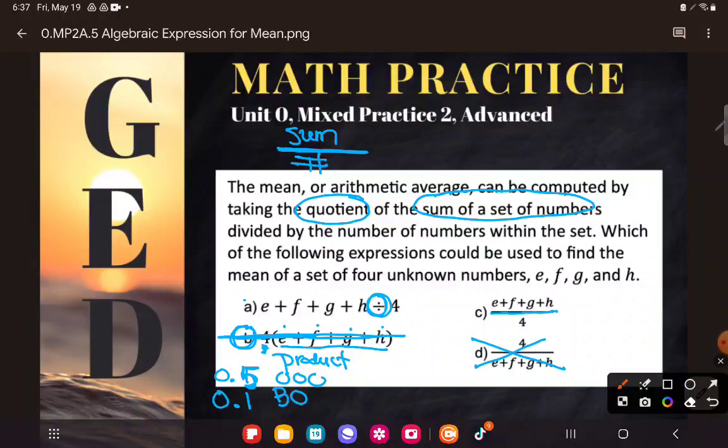That's not true with A, okay? And that has to do with that order of operations we learned. If you look at A and you see that divide by, the only thing being divided by 4 is H. I say that again, the only thing being divided by 4 is H. And you say, why? All the other things came before it. Yeah, but remember in the order of operations, we don't simplify left to right.